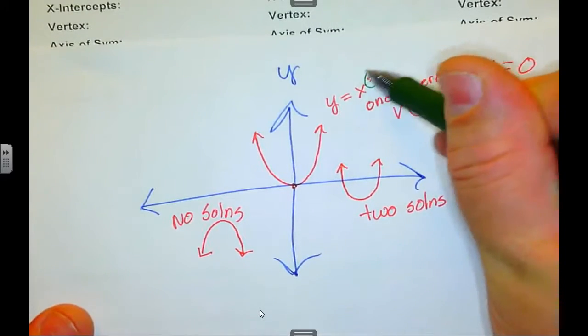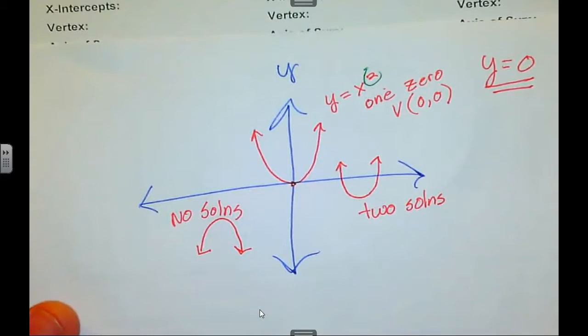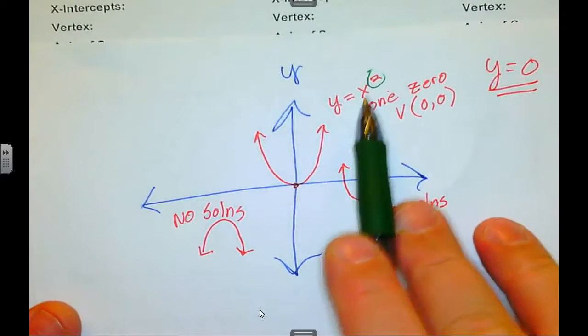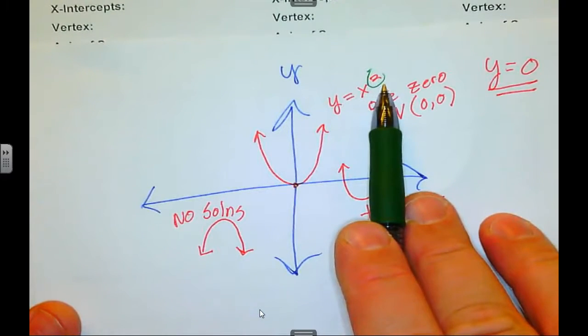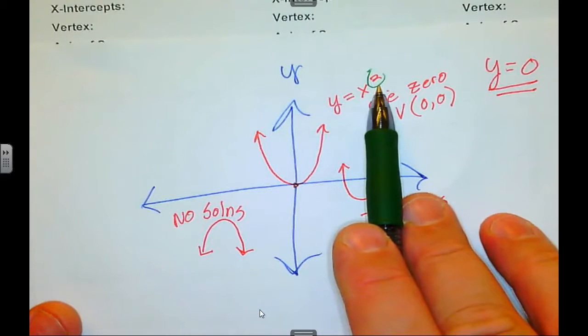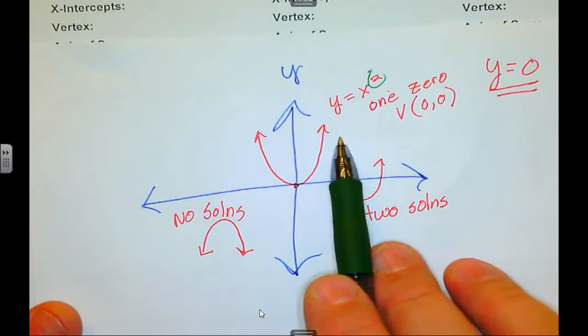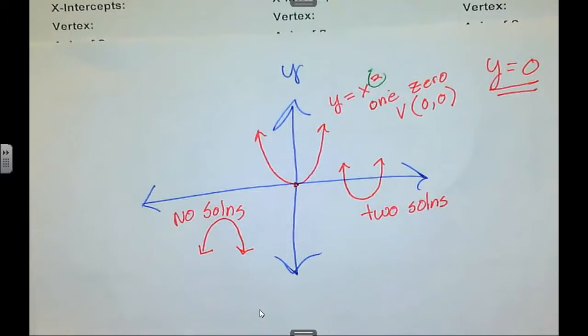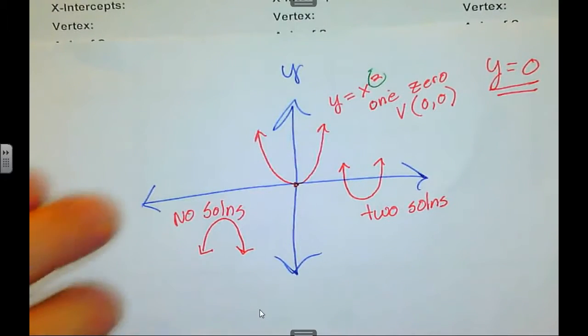This is the fundamental theorem of algebra. My quadratic equation has an exponent of 2. That is at most the number of solutions you can have for that equation. If I have y equals x cubed, how many solutions can I have? I can have up to 3. Okay. It's a big, huge thing in algebra if you go on.